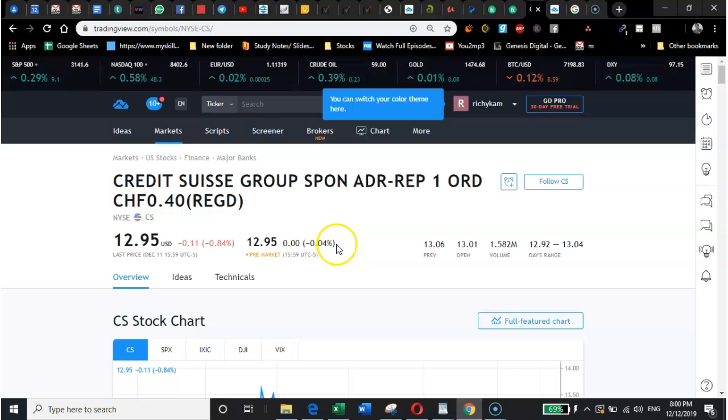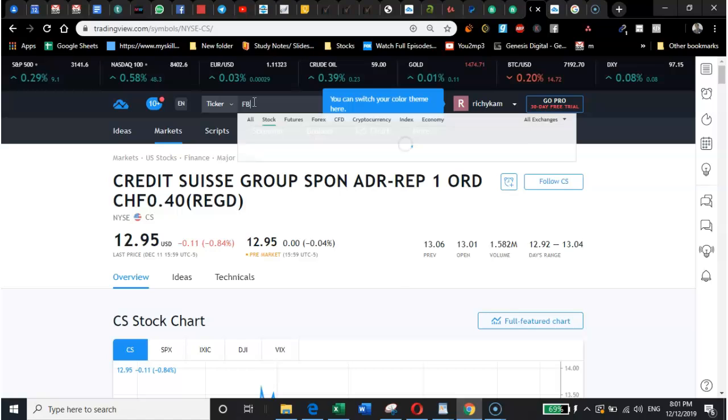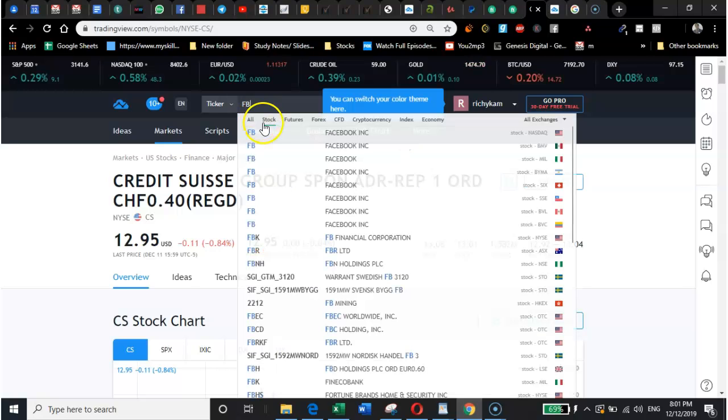But here is the main thing that I wanted to show you. Why I use this platform is because it is one platform that I can use to get all stocks. You can look at stocks, futures, forex, CFD, cryptocurrency, everything on the same platform. So once you're familiar with this platform, you can use it for all your trading needs.